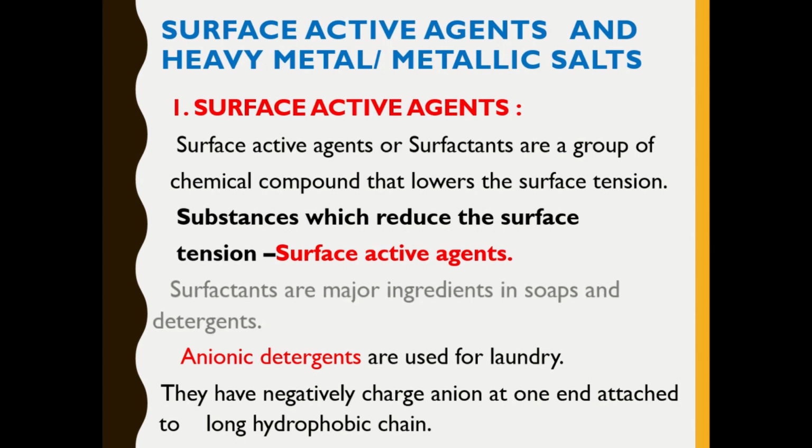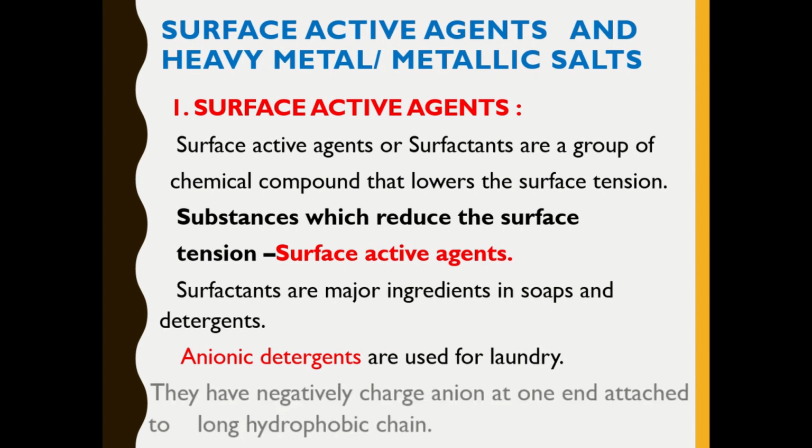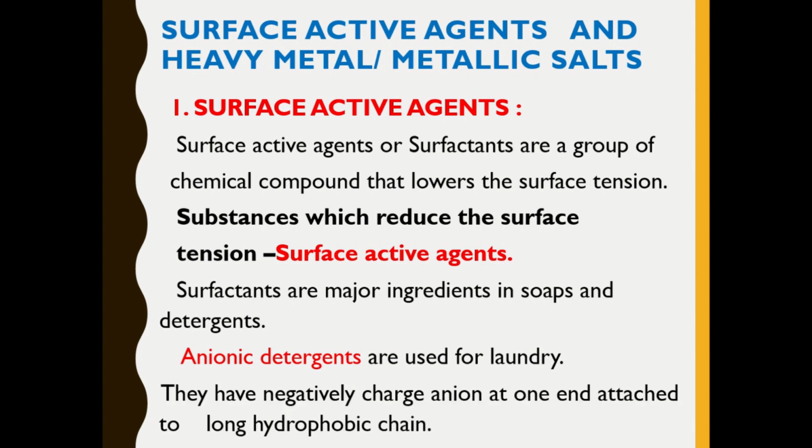Surfactants are major ingredients mainly in soaps and detergents. These detergents may be anionic detergents. Anionic detergents are used for laundry. They have negatively charged anions at one end attached to a long hydrophobic chain.